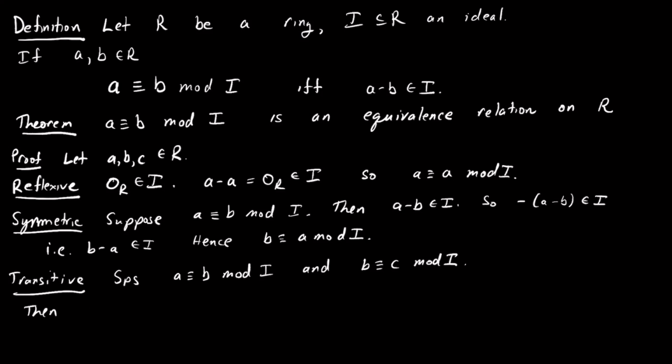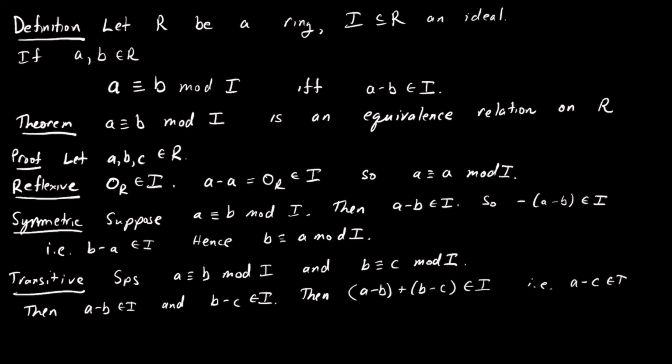Then I know that a minus b is an element of I, and b minus c is an element of I. I is a subring, so I can add these two elements, right? So since I is a subring, a minus b plus b minus c is an element of I. But what does that tell me? Well, a minus b plus b minus c is just a minus c, which is an element of I. So I could say hence, a is congruent to c mod I.